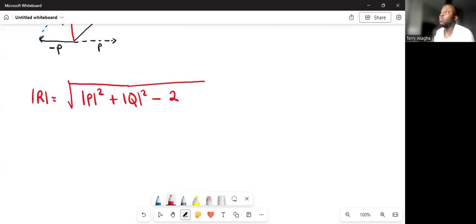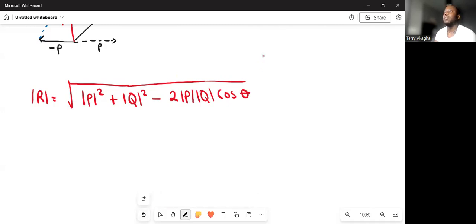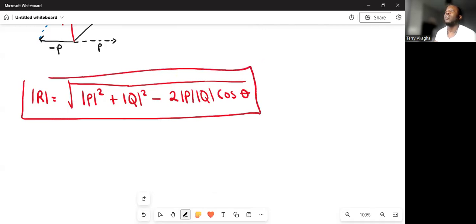So it's going to be 2 magnitude of P and magnitude of Q cos what? Cos theta. Okay, so this is going to be that. Let me just box that so that you know that is the formula you need to know.